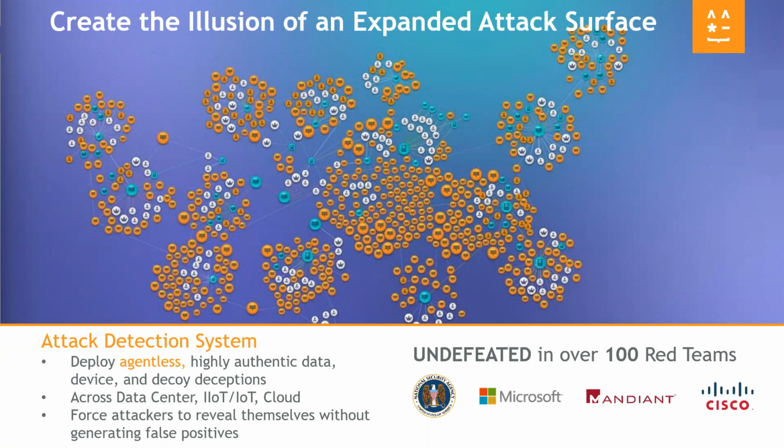All that's left behind are these different deceptions, but the trick, of course, is to tell a believable story so that the attacker sees this information, believes that it's valid, and attempts to use it when moving sideways within the environment.